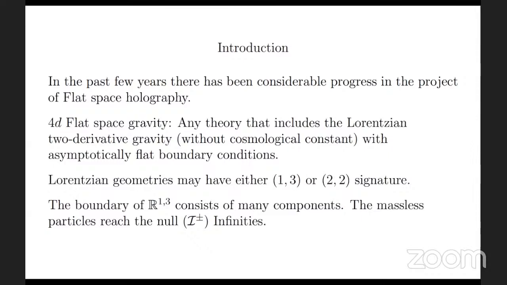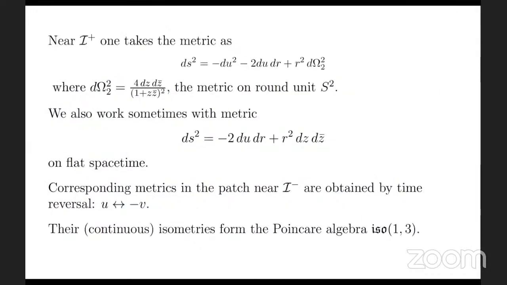The boundary of, say, 1,3 signature Minkowski space has several components, but the massless particles reach the null infinity. At future null infinity, the metric is usually taken in these coordinates. These are called boundary coordinates: minus du square minus 2 du dr plus r square d omega 2 square, where this is just the metric of a round two-sphere written in Fubini-Study form.